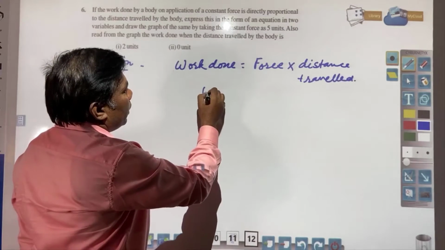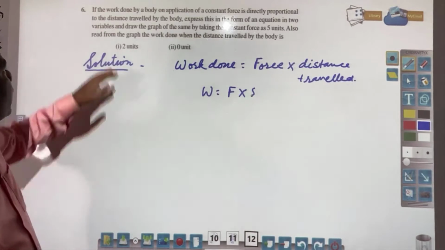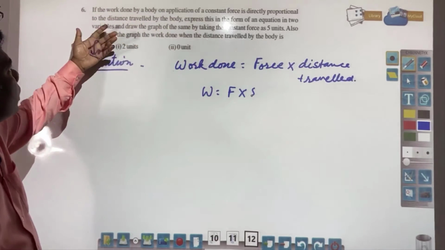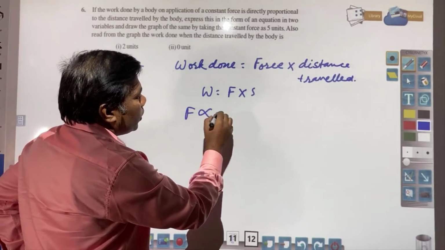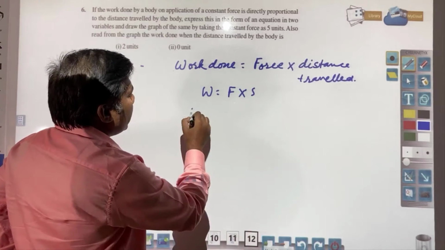Or you can write W is equal to F into S. Here what has been given: work done is directly proportional to the distance traveled.